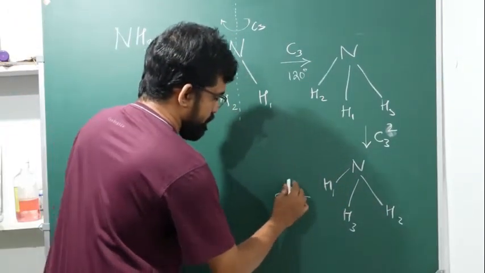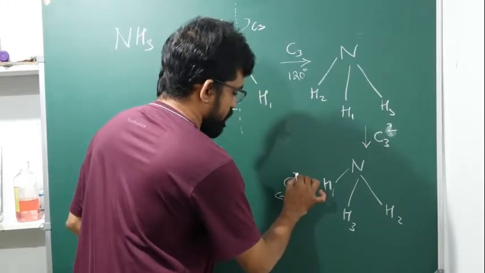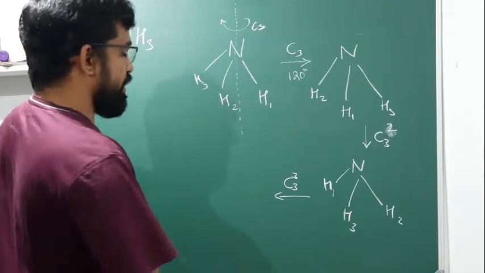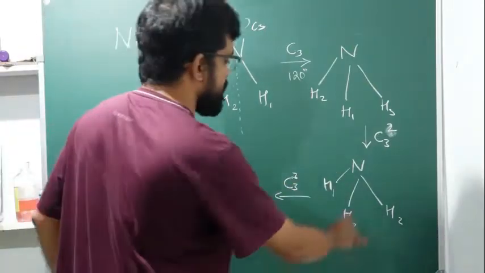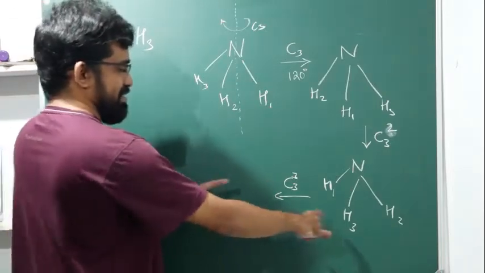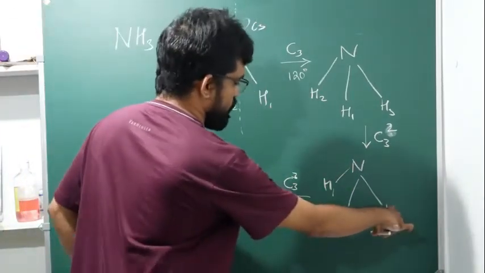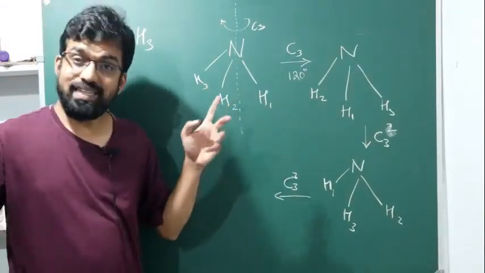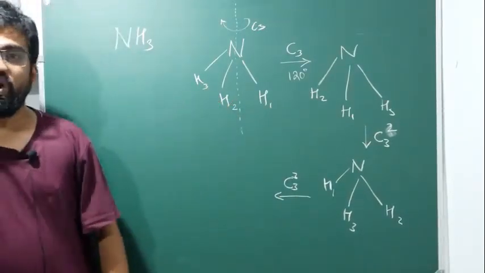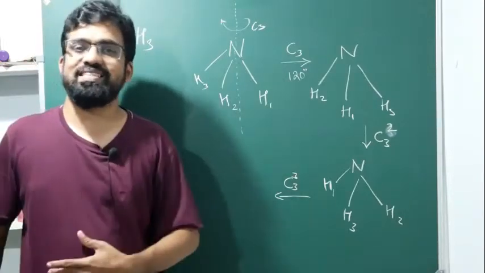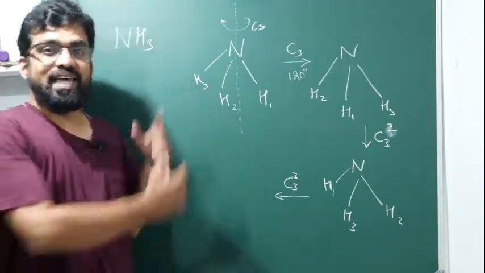C3 cube means H1 will go here, H2 will come here, H3 will come here. That is, it is the identity operation. You remember, after doing the operation you get the same appearance.